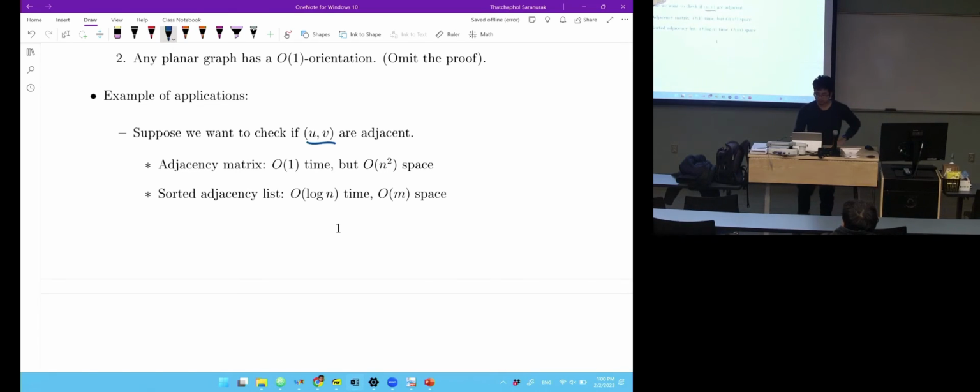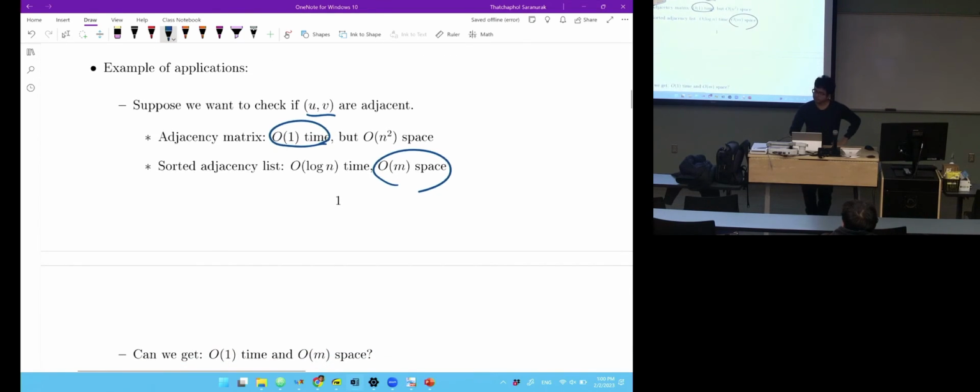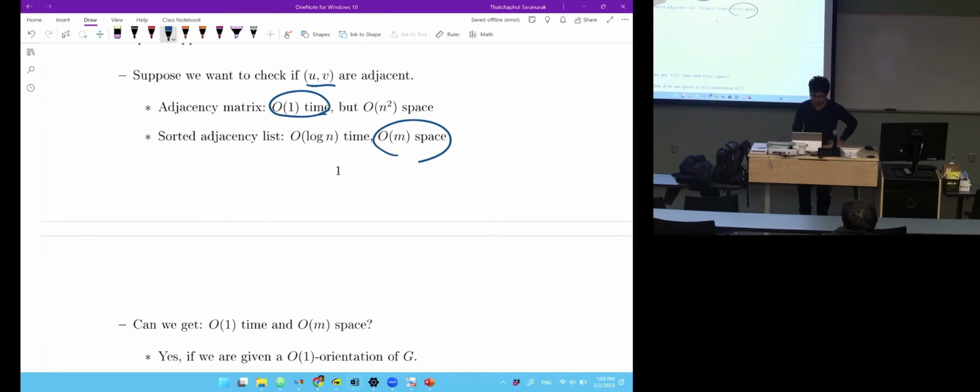Can you do the best of both worlds? Constant time and linear space? And yes, you can if you have an O(1) orientation. How to do that? Can someone tell me? If you're given an O(1) orientation, that means every vertex has a constant number of out neighbors. So just store them. Yeah.